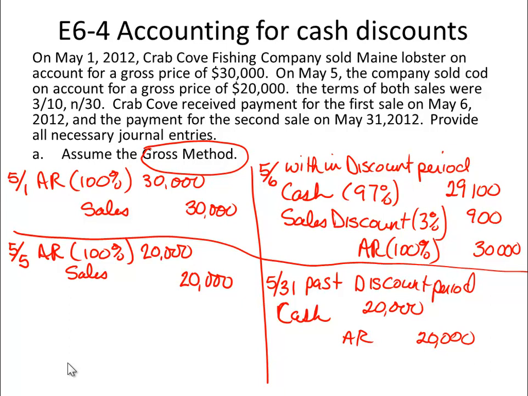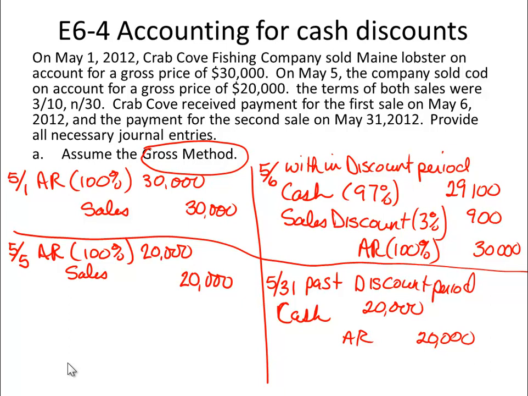So they're going to get a 3% discount, meaning they only have to pay 97% of $30,000 in cash. So thus, on May 6th, we'll debit cash for $29,100, or 97% of $30,000. We'll debit sales discount, a contra revenue account, for the 3%, or $900, and we'll credit accounts receivable for 100% because we need to get that $30,000 off of our books.